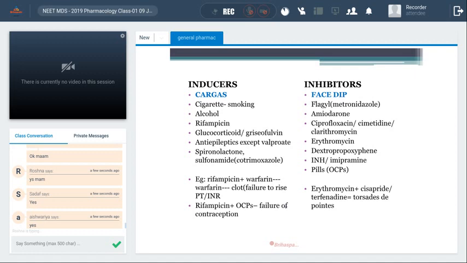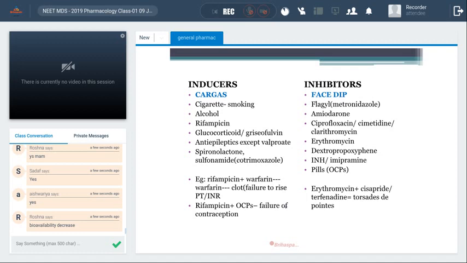What will happen if inducers are given with some other drugs? That's my question. Very good. Bioavailability will decrease, so effect of the drug will decrease. So if a cigarette smoker is taking a second drug, the effect of the second drug will be less, which means either you have to stop smoking or stop the inducer or increase the dose of the second drug.